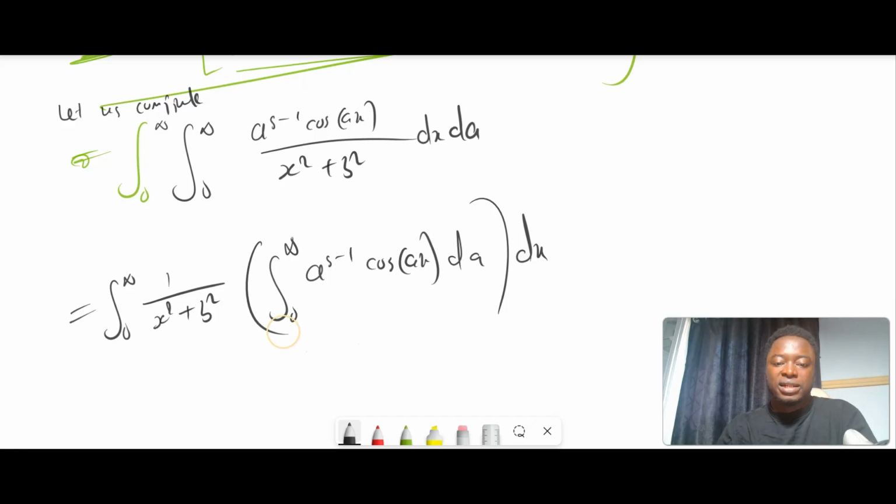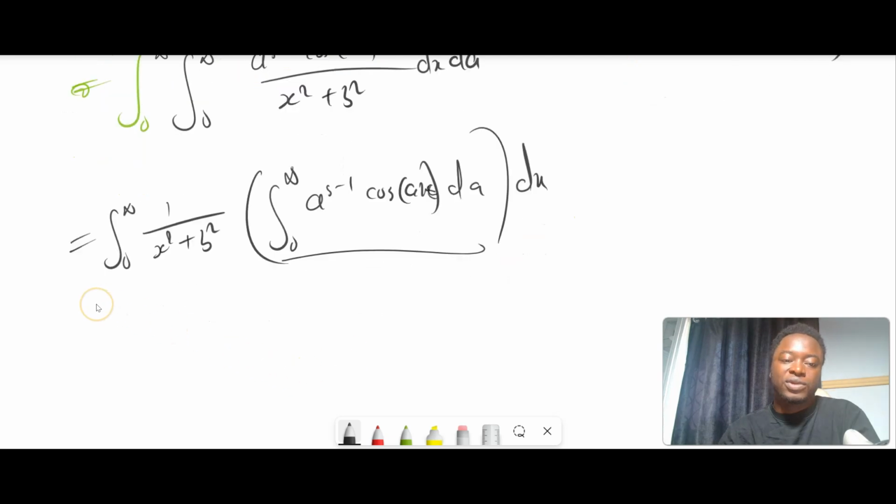Now we are looking for the Mellin transform of cosine of ax. So this will be in terms of x, but this is a standard result, but we are going to try to prove it because we know that cosine of ax is equal to the real part of e to the negative iax.